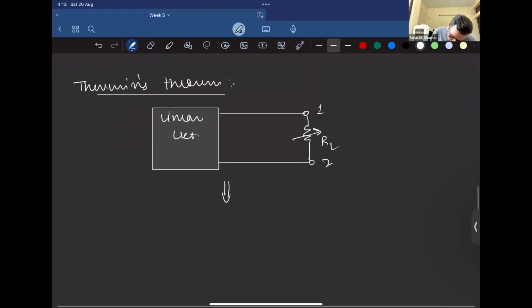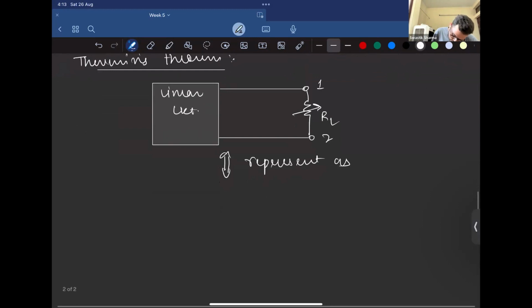We can represent it as a voltage source called the Thevenin voltage source in series with a resistance called Thevenin resistance.